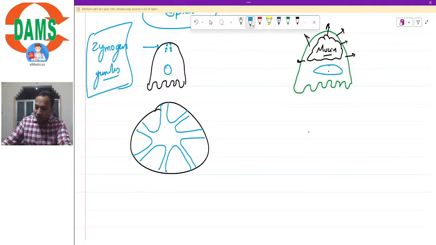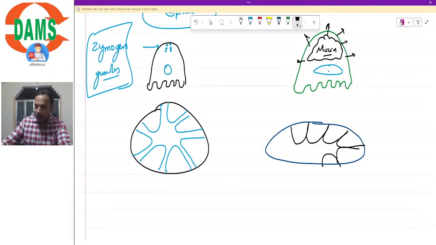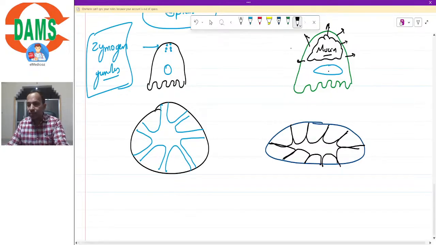But in case of mucus secreting cells, in case of mucinous secretory units, since an outward force is applied by the mucin, these intercellular spaces are absent, right? The intercellular spaces are absent. Clear? So these are the few differences between the serous and mucinous units.